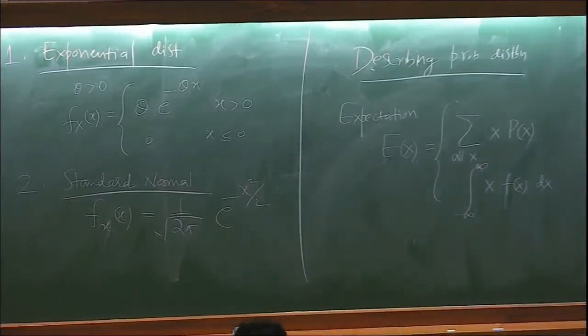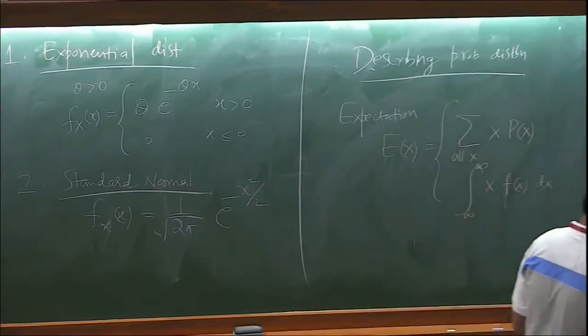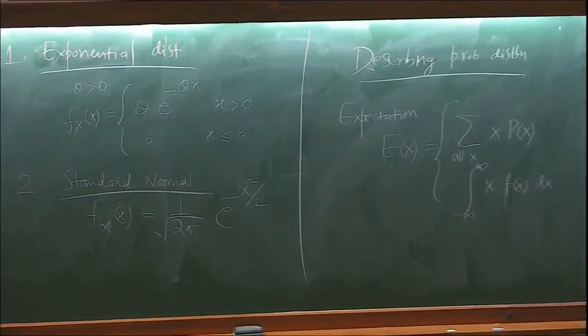Surely the expectation is one measure to tell you where the weight of the distribution is concentrated. But that's not the only measure, right? You could have many distributions which have the same expectation value but have different looking shapes. It's more important to characterize that. So we'll come to that.